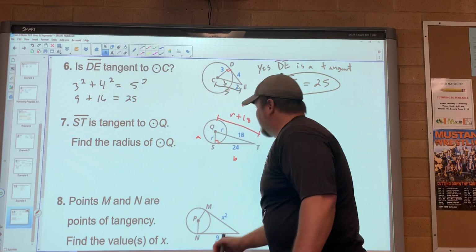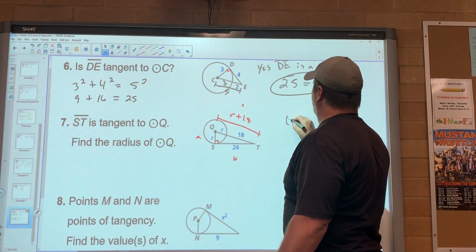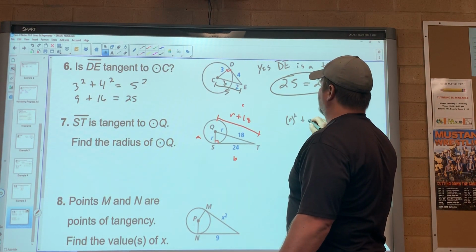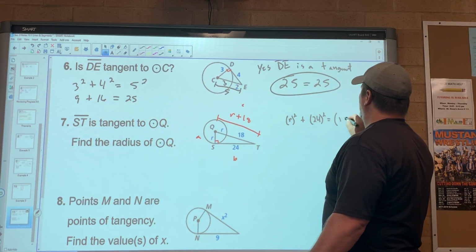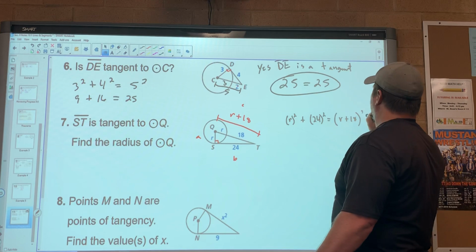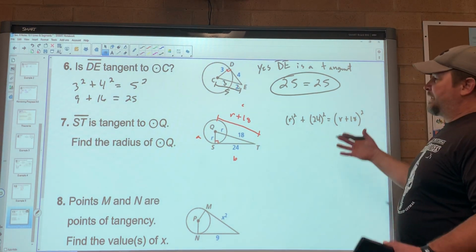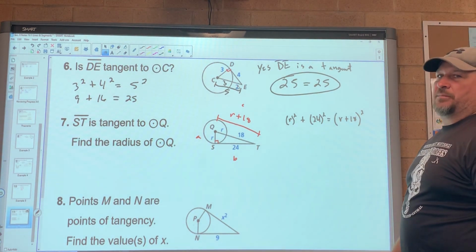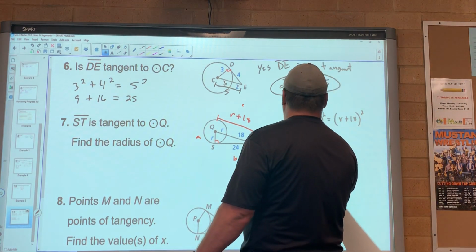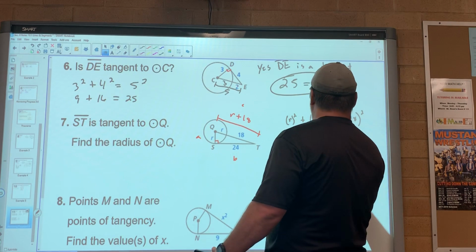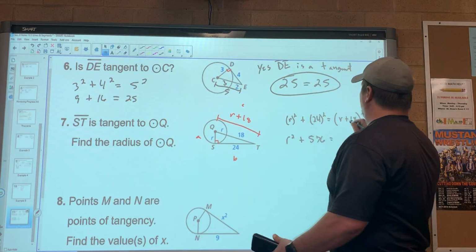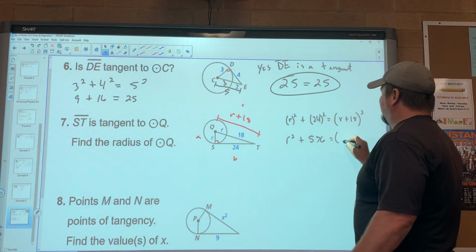So we're going to set it up as R squared plus 24 squared equals R plus 18 squared. Then it's back to the same process that we did a minute ago. So R squared plus 24 squared is 576 equals, now we're going to write this twice, you guys.